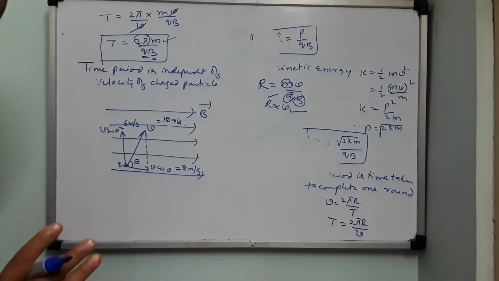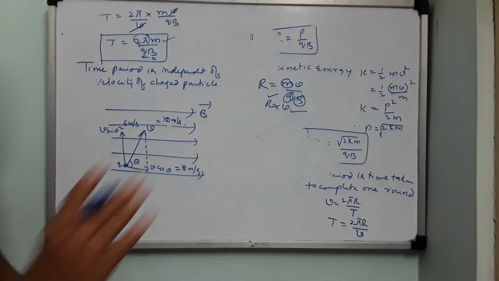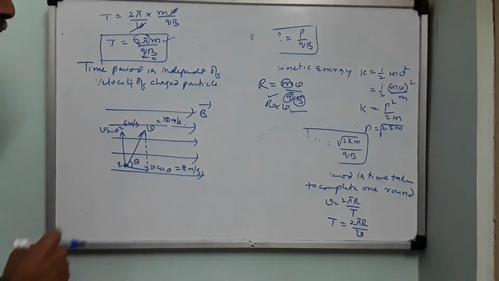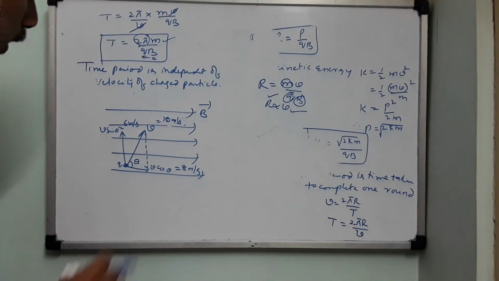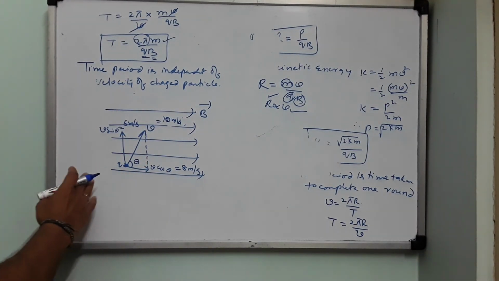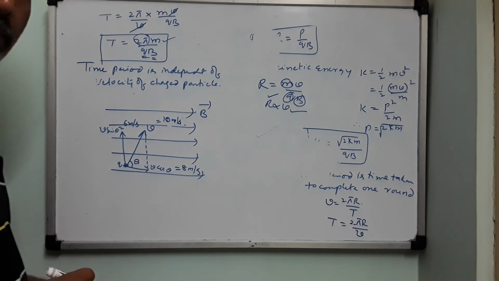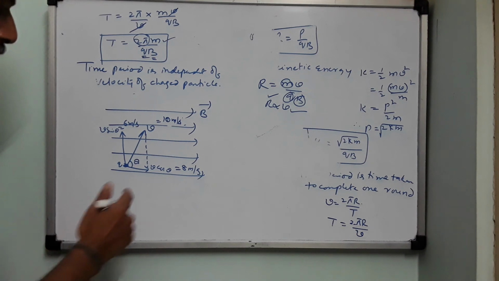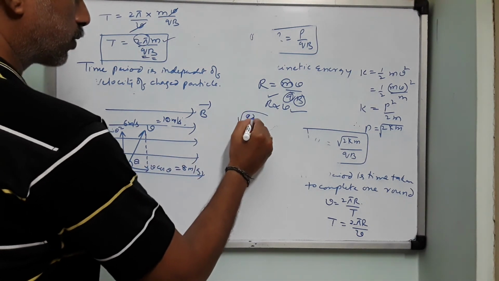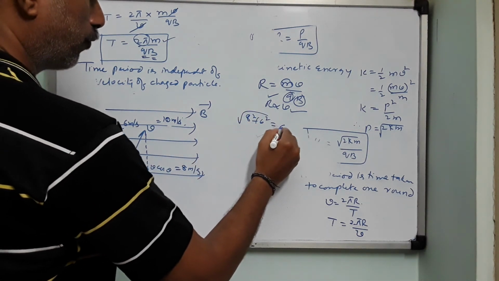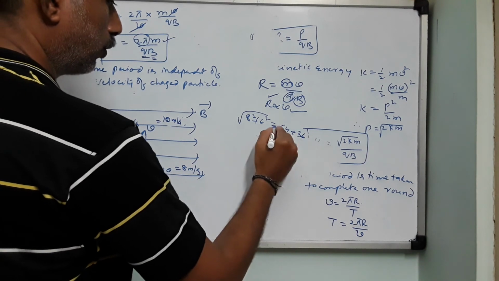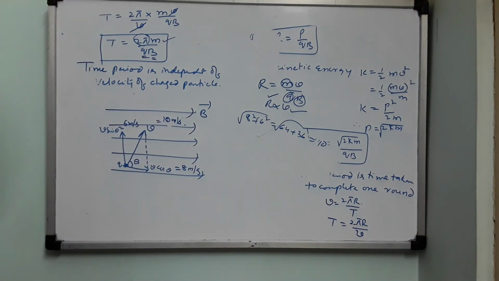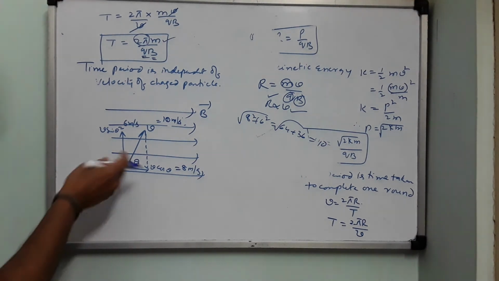So I project a charged particle into the magnetic field at some angle with a speed of 10 meter per second. When I resolve this into components, my horizontal component has become 8 meter per second and the vertical has become 6 meter per second, because the root of 8 squared plus 6 squared is 64 plus 36 under root, so 100 under root, which is 10. So this equation is correct. Now this angle I can find out, but I am not interested now.